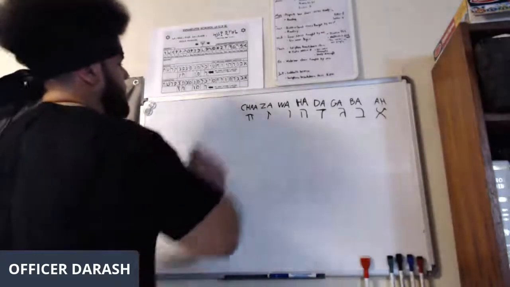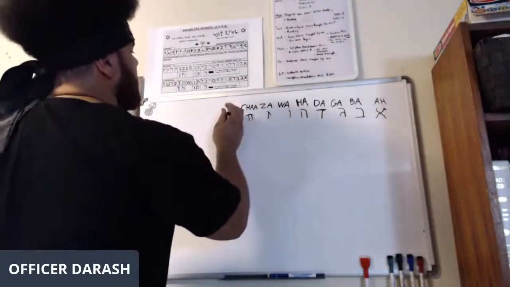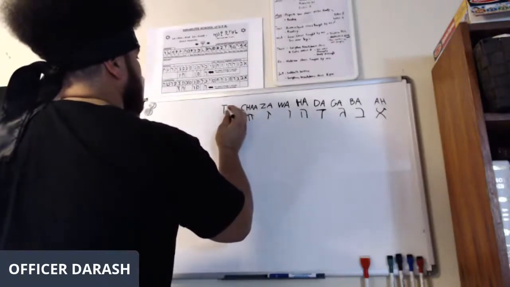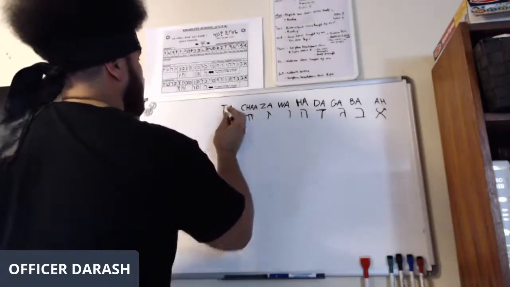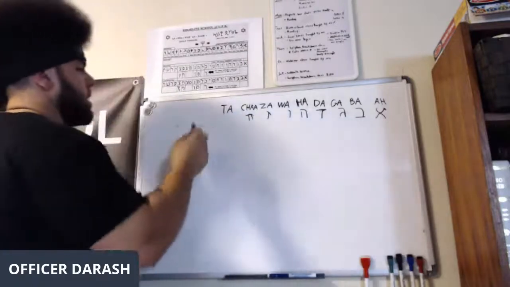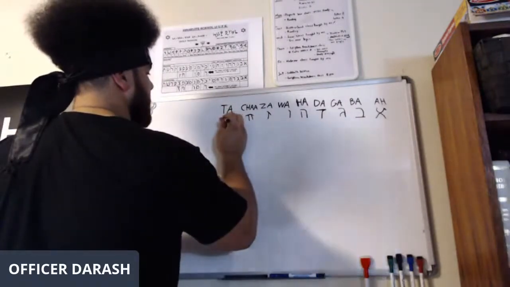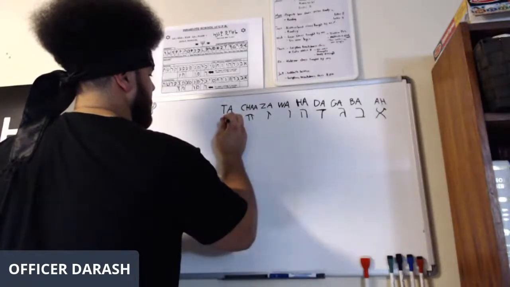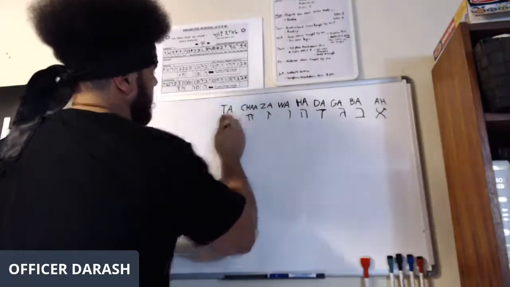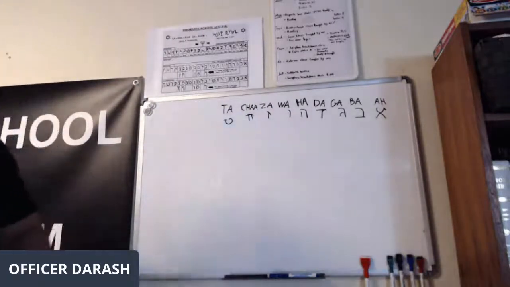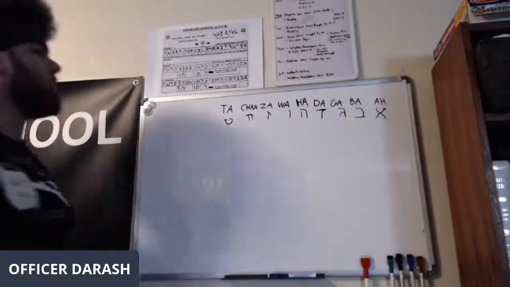Their ta looks like this, which I find this is where things get confusing because the ta looks like so many other ones, like the pa, you know what I mean? Like that, it gets confusing. So the ta is like this. It almost looks like a G. And you're going to see another character that looks just like it, but it's inverted or upside down.